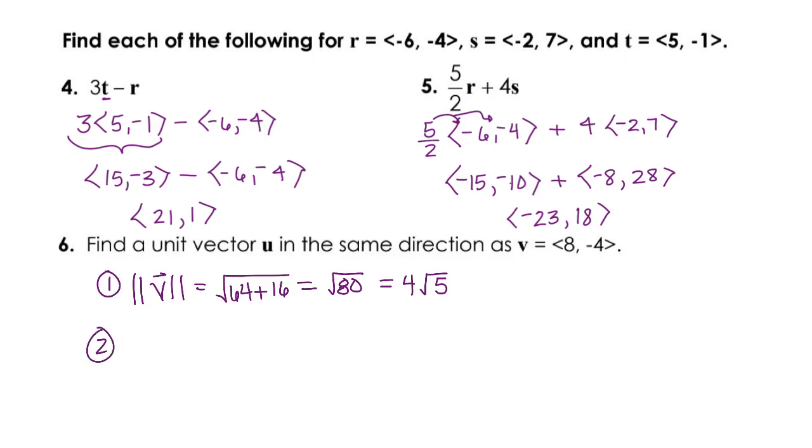Our second step is going to be our unit vector, which is equal to 1 over the magnitude times the component form 8, -4. When we're multiplying that through, we have 8 over 4√5, so that's going to be 2 over √5.